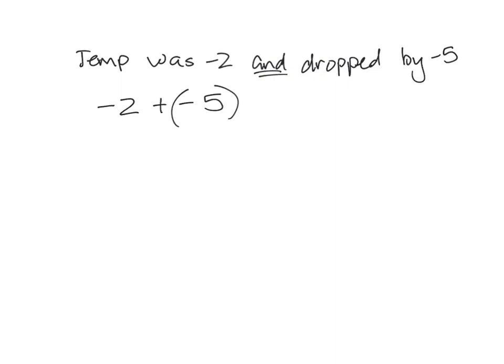So it was at -2 degrees, or was 2 below 0, so that's -2. It dropped by 5 degrees, which is -5. So we're putting those two numbers together. And they said another way, other than the counters or other than the money, is to use a number line.